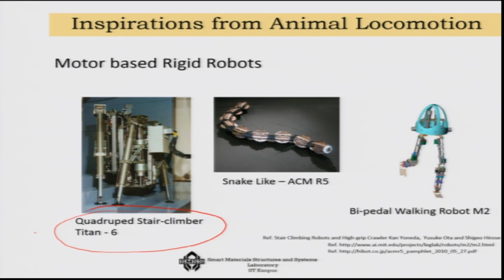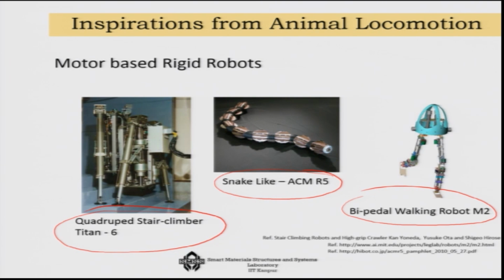They are quadruped, but they are not good at mimicking animal behavior, because they were not like real legs. People got somewhat closer to the real system when they developed a snake-like motion in ACM R5, one of the examples, and even more sophisticated when they developed a bipedal walking robot, M2 or other robots are such examples.